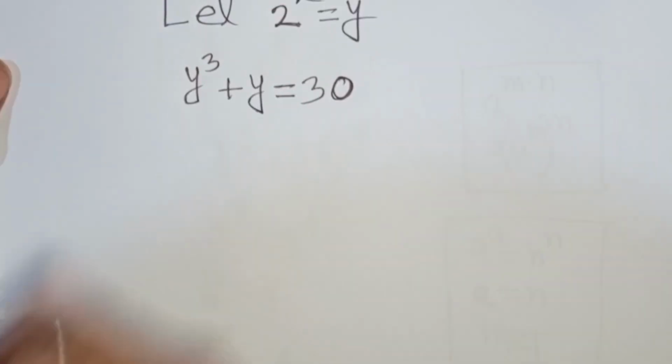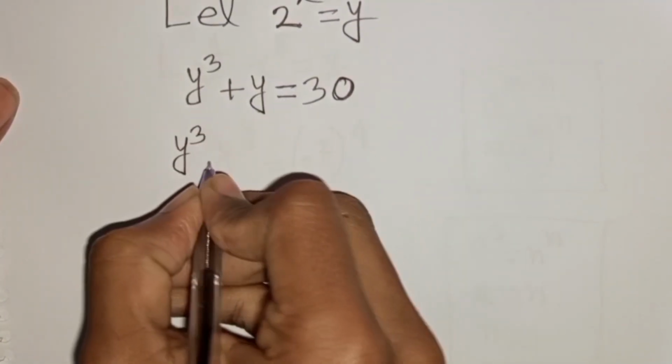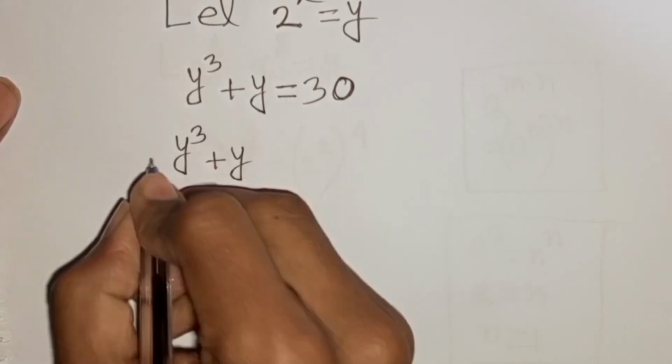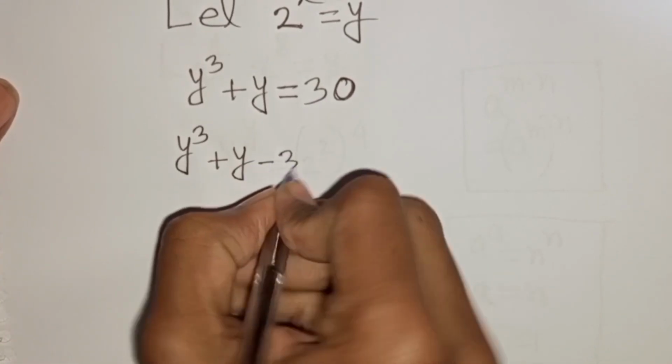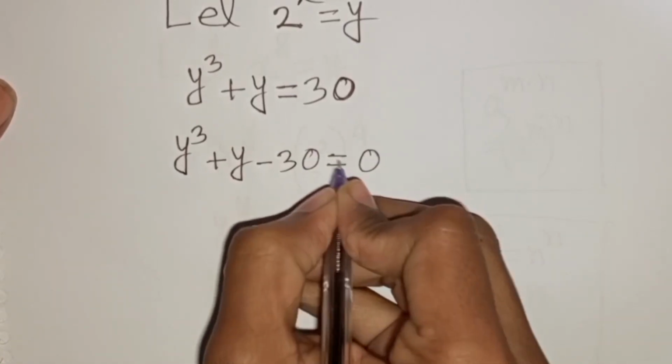Now I can write y^3 + y, then this 30 taken to the left side will be minus 30, is equal to 0.